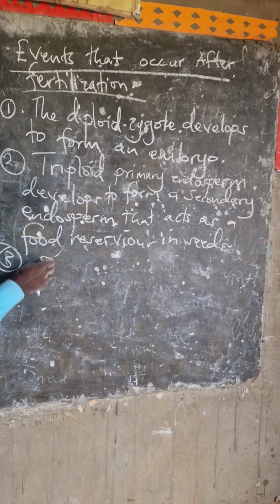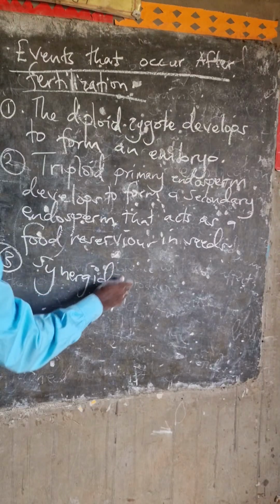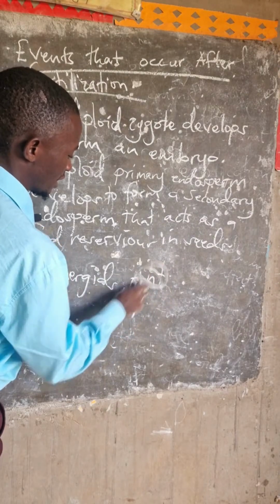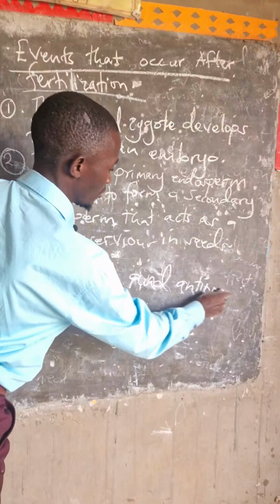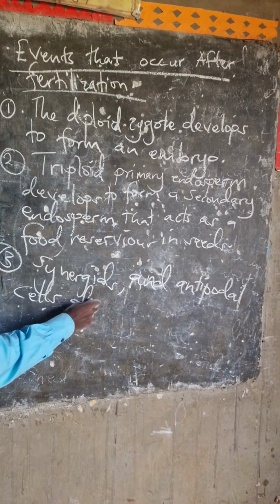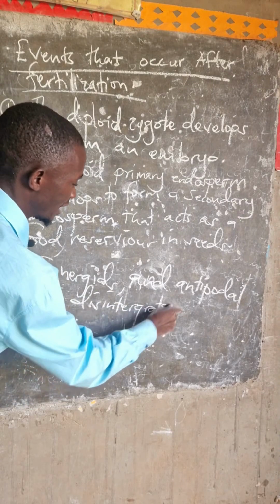Three, the synergids and antipodal cells disintegrate. They disappear.